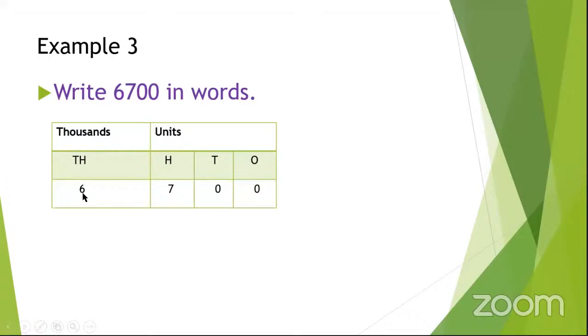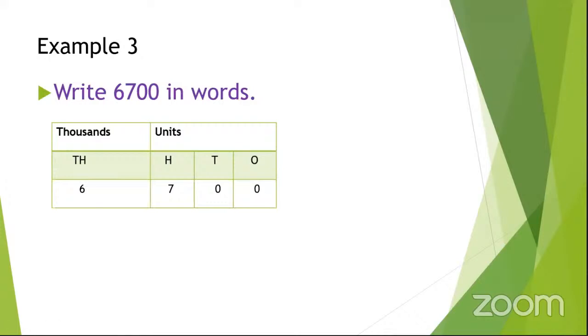Note this. 6 takes the name of its group and a comma as well. So it will be 6. When you're moving to another group, separating these two groups with commas. So we shall say 700. We have a 0 under tens, under ones we also have a 0.